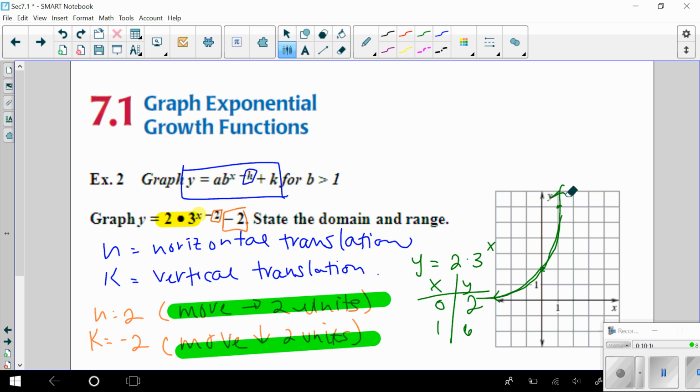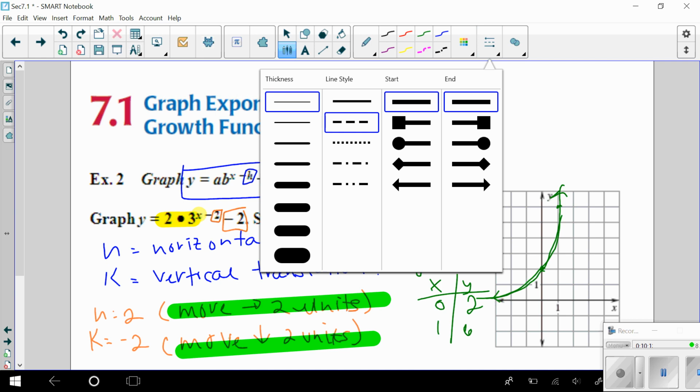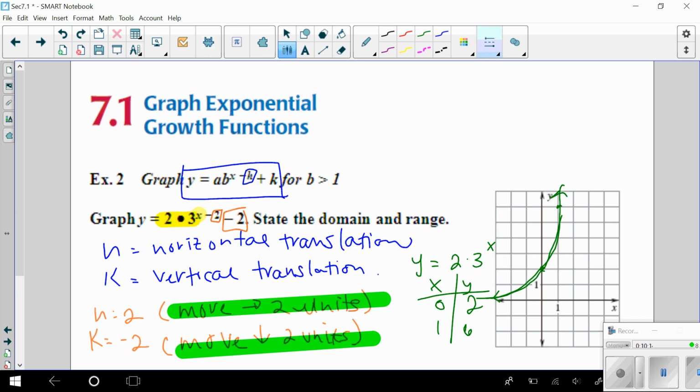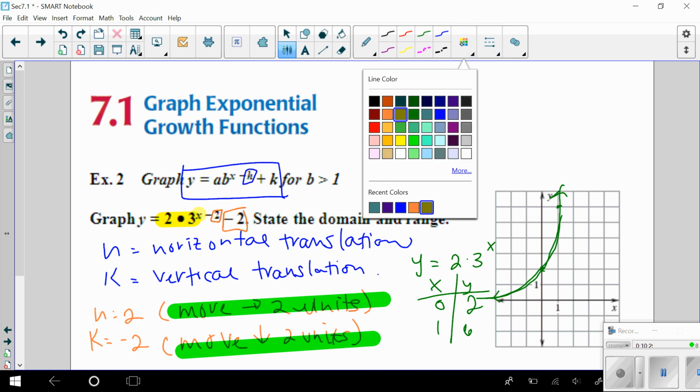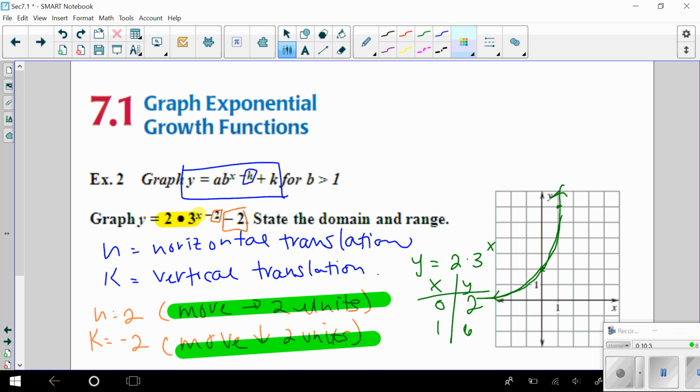Now, since we're doing an exponential function that has an h and a k value, we need to take those 2 points that we plotted and move them to the right 2 units and down 2 units. So I'm going to take this point, go to the right 2 units, and go down 2 units.